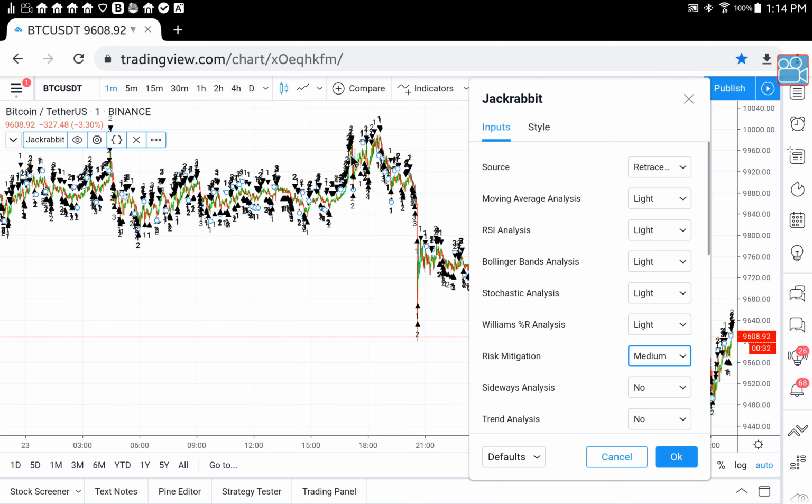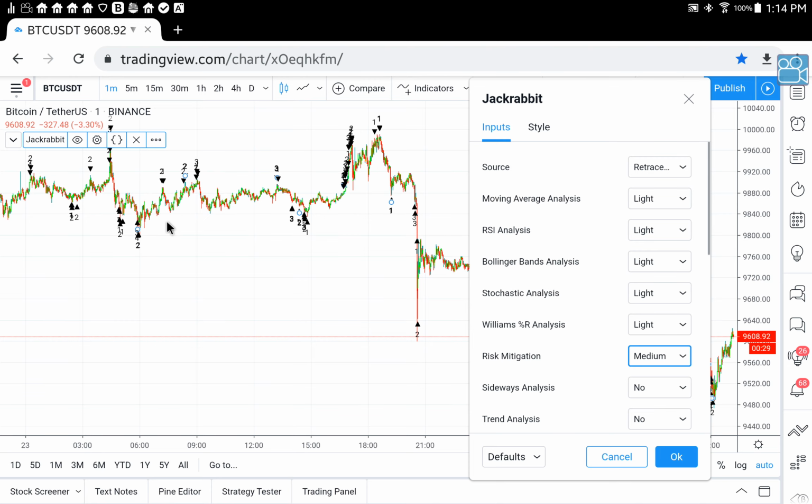Because as you can see, trying to trade at this level is absolute insanity. But trading at this level makes a little more sense. Now, this is a risk mitigation filter. As you saw, it filtered out all of that extra stuff just to display these signals. Now let's turn it back off.